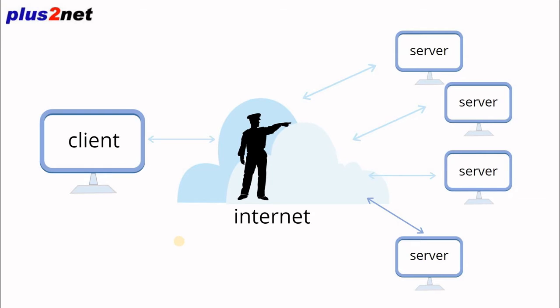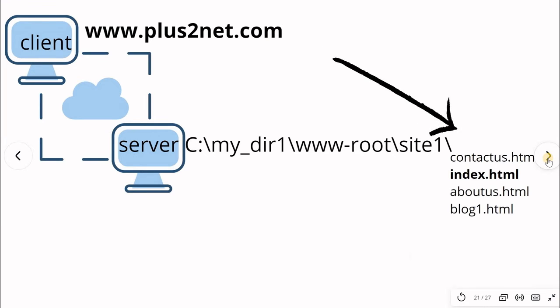The DNS server tells me, okay, take this IP address. Now this internet is full of hardware which works like a traffic signal, or a traffic police, who guides us to reach our destination server. So we finally reach the particular server where the data or information is related. All this happens very fast.